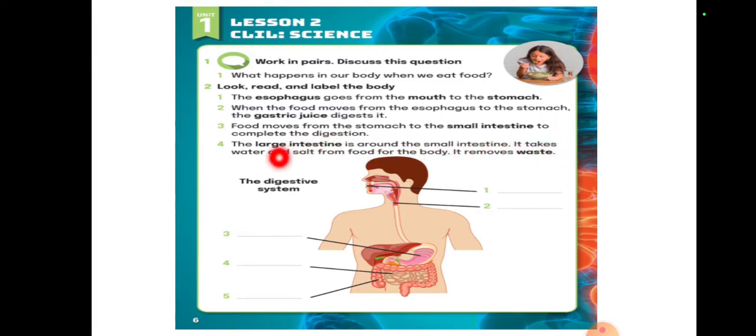It takes water and salt from food for the body. It removes waste. So here number 1 is mouth, 2 the esophagus, 3 the stomach, 4 the small intestine, and 5 the large intestine.